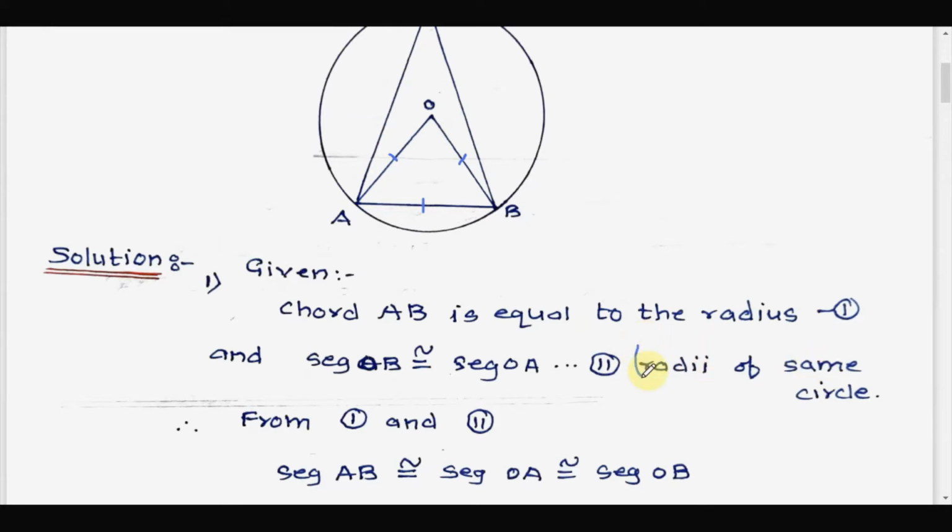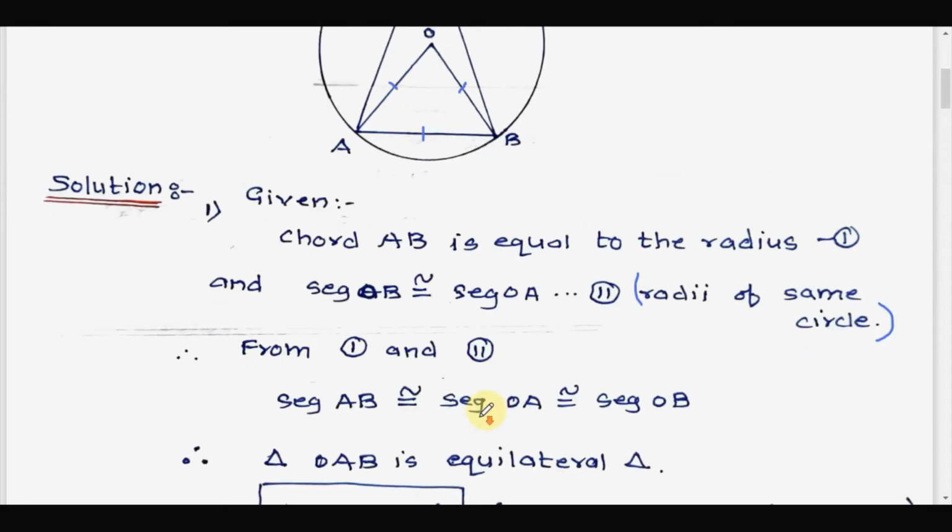You can write it in a bracket. Now from 1 and 2, what are you going to conclude? That segment AB is congruent to segment OA and OB. So segment AB is congruent to segment OA, congruent to segment OB.